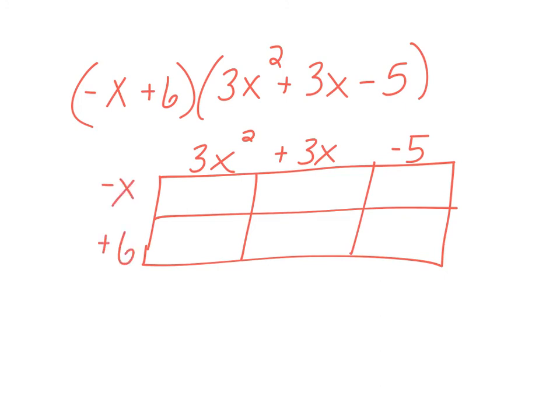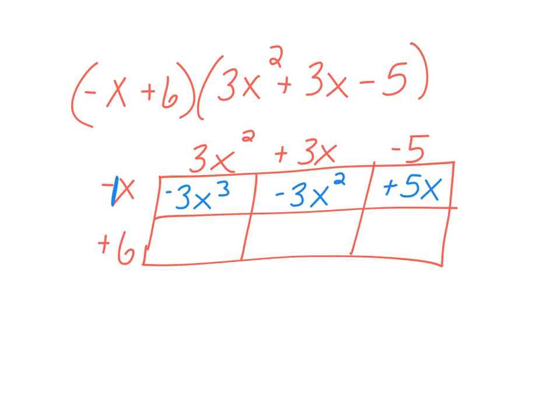I'm going to put my binomial over here. I'm going to go across the top row. Negative x times 3x squared is negative 3x to the third. Negative x times 3x is negative 3x to the second. And negative x times negative 5 is positive 5x. If it makes more sense, you can squeeze in a coefficient of negative 1 in front of that x.